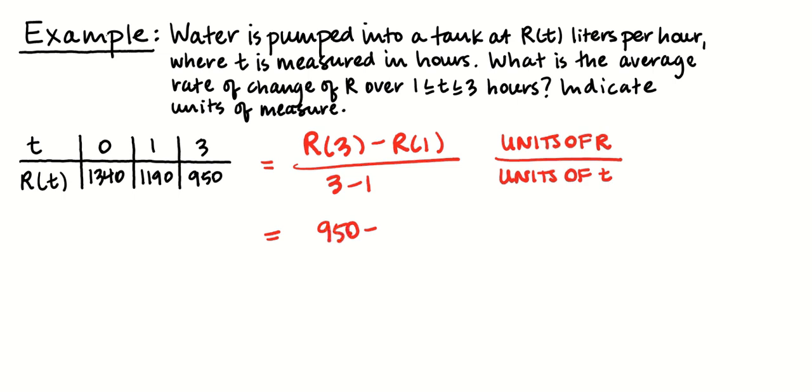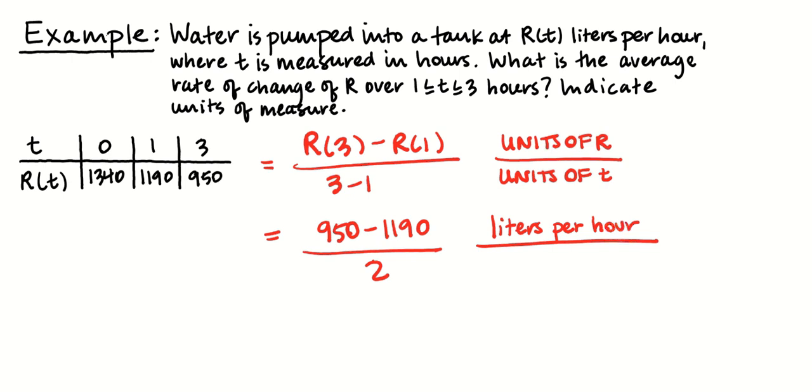Right? This is going to be 950 minus 1190 divided by 2. Units of R are liters per hour, per hour, because units of t is also in hours.